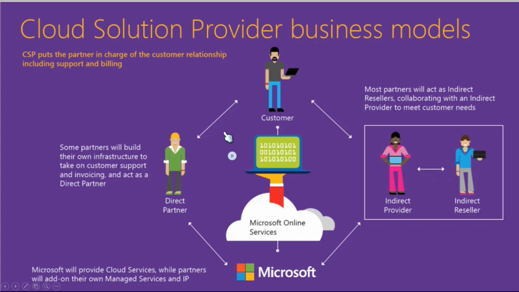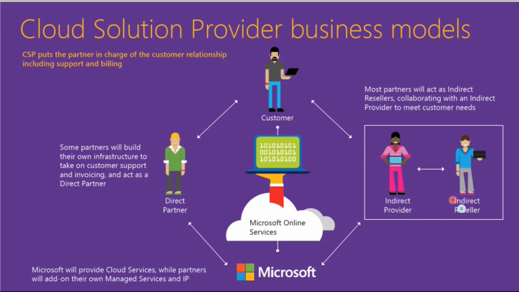Before that, let me also quickly show you the cloud solution provider business models. Advantech is a first tier direct Microsoft distributor. Basically, what that means is that, as you can see here, there's an indirect provider and there's a direct reseller.